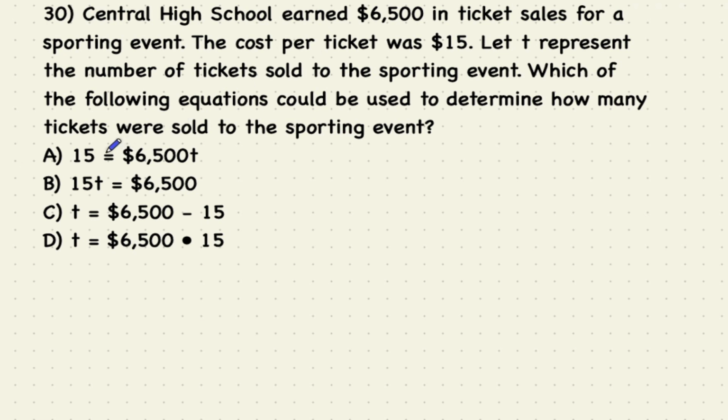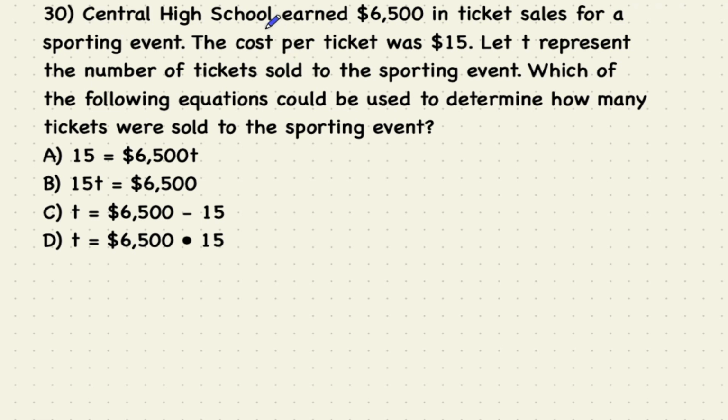If you take a look at the answer choices, they're all set up with equations. So we're going to solve this problem without actually solving it, if that makes any sense. Basically, we're going to set this up as if we were solving for how many tickets were sold to the sporting event.